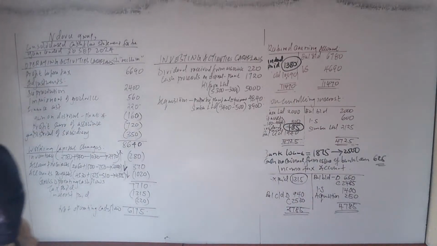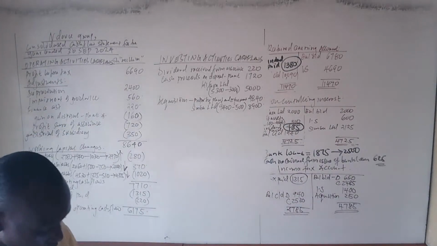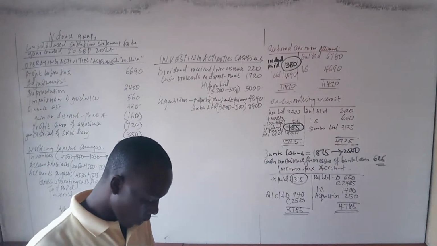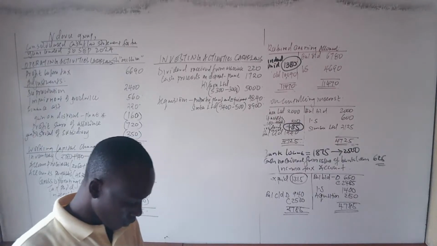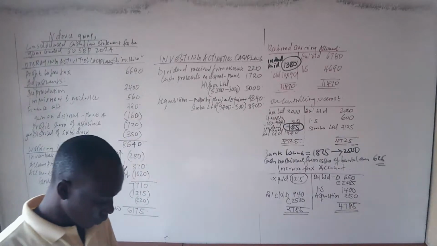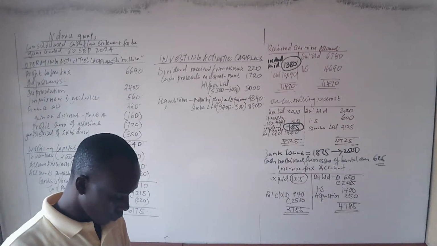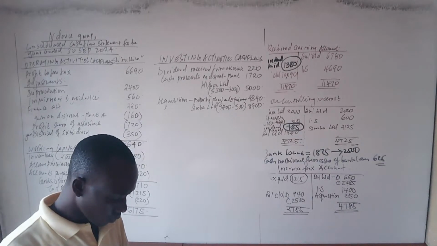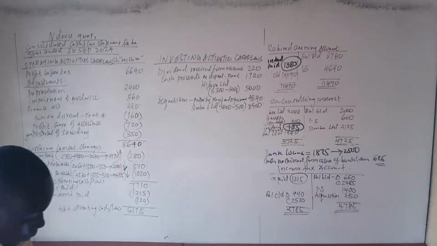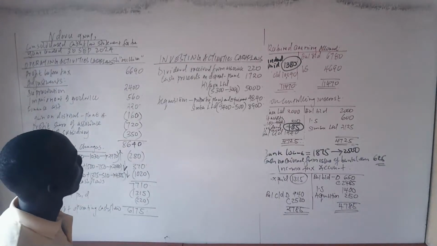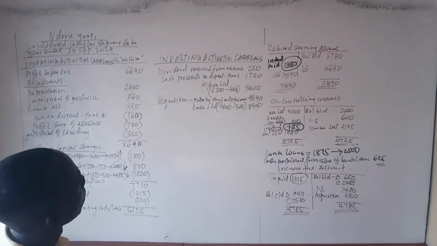Did we acquire any investment in associates, or any goodwill? We have goodwill. For the goodwill account, we acquired 2210.